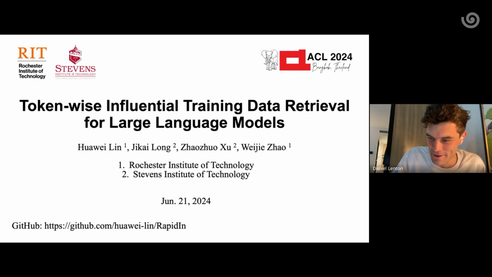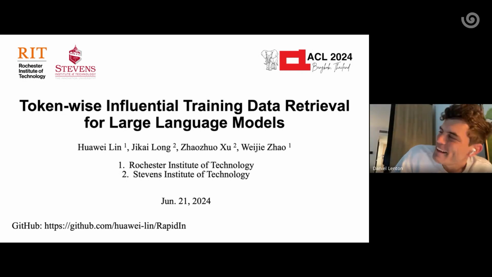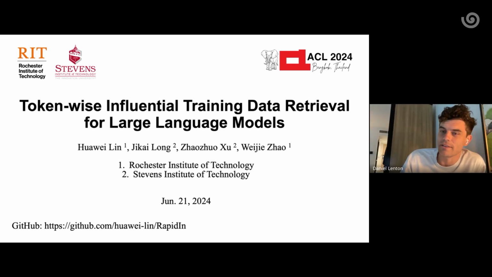Well, I've got a ton of questions, so I can maybe kick off. The first one is, just to understand, if there were no memory constraints, the most principled way of doing this would be to compute the full Hessian as described at the very beginning, I presume.